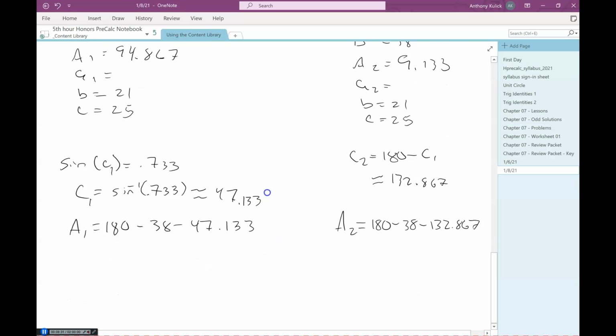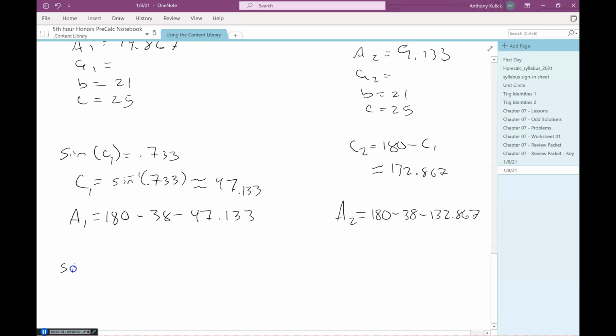And now that we have angle A, we can find side A by using the law of sines again.